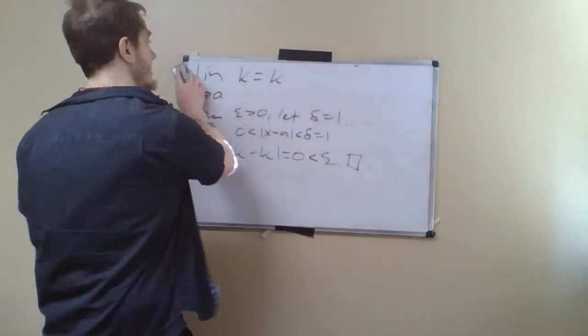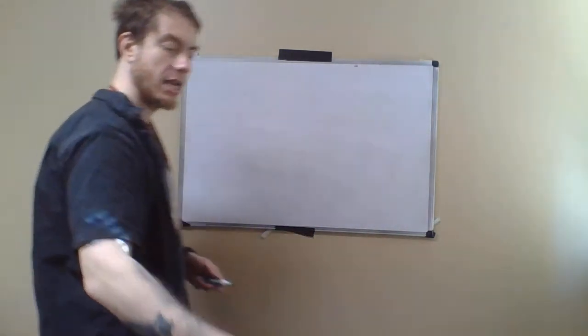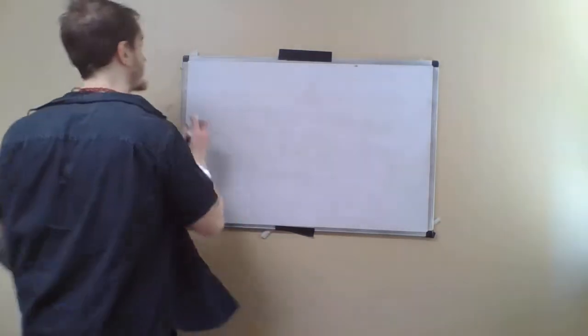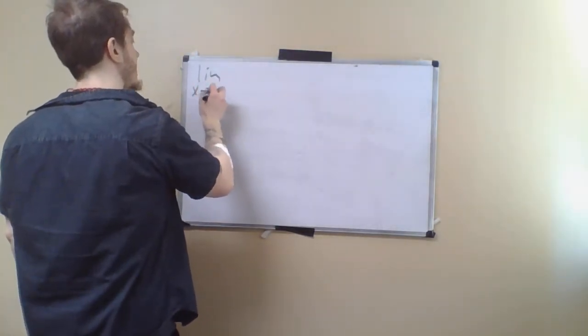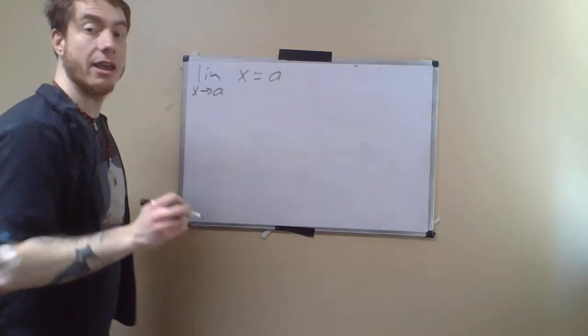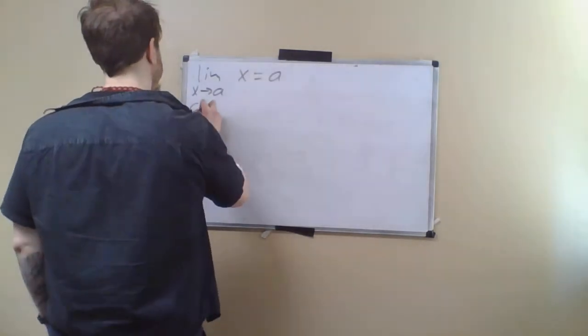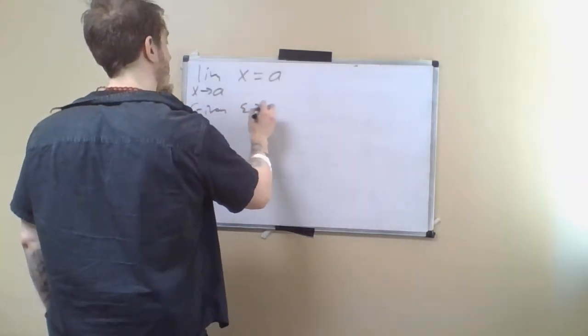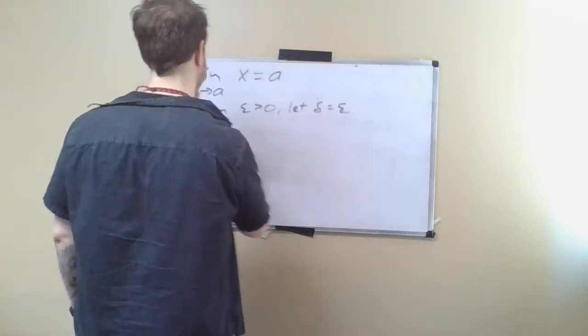The next thing that we can see, and this is hopefully something that you will have already kind of proved, is the limit as x approaches a of x itself is equal to a. Well, let's just very quickly sketch how you see this. Given an epsilon bigger than 0, let delta equal epsilon.